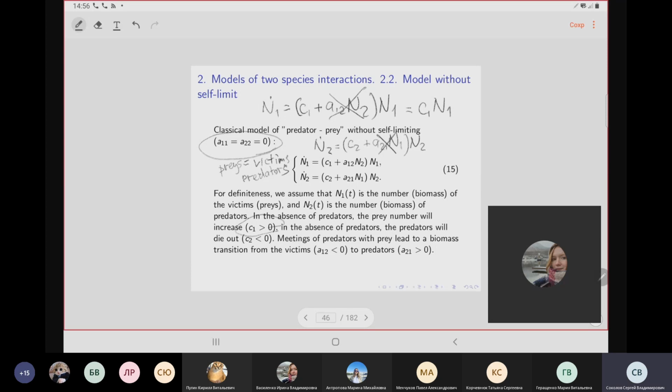So the coefficient C2 must be negative. First one is positive and the second one is negative. Yes, we understand that there is no self-limiting here, and if there are no wolves, the number of our rabbits will go to infinity. That is not natural, but it is the simplest model. A bit further on, we're going to fix it.